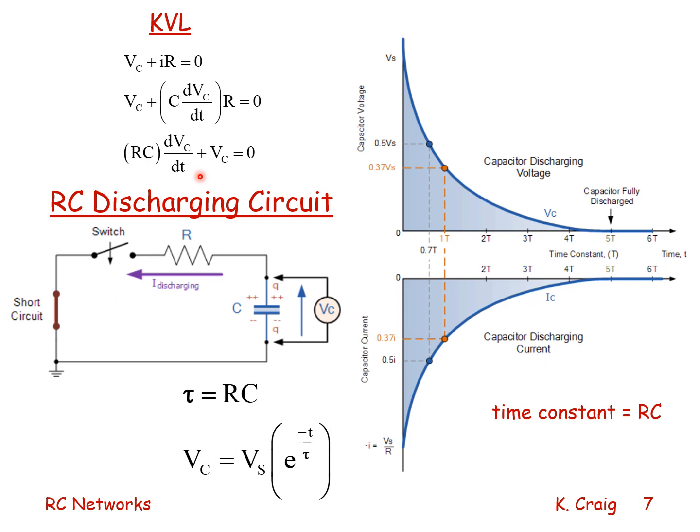And again, I could transform this into an algebraic equation and could plot the voltage versus time, current versus time curves. Mathematically, the solution to this equation, given an initial condition at time t equals 0, Vc is equal to the supply voltage, Vs, the solution is given by this expression.